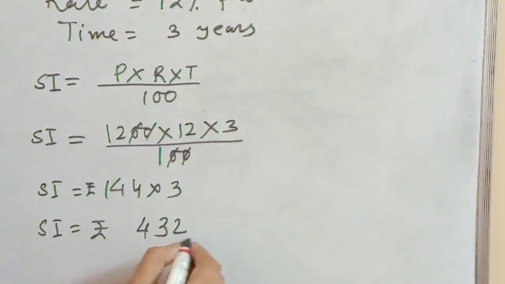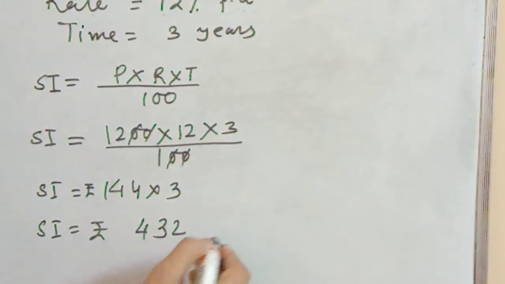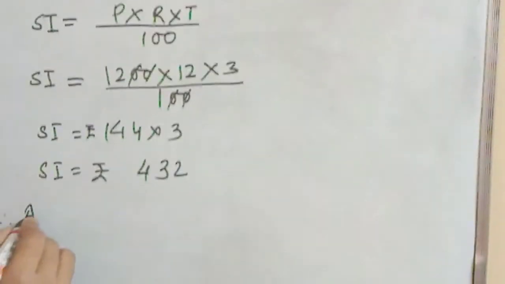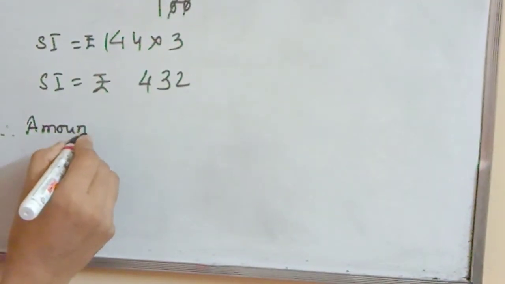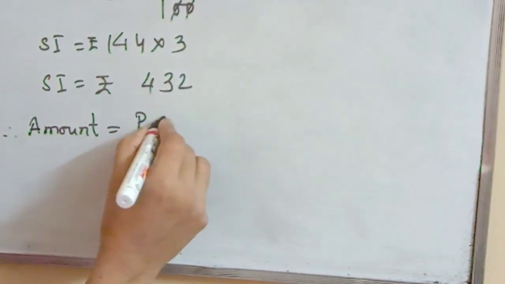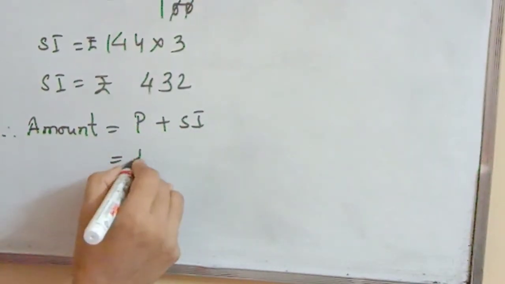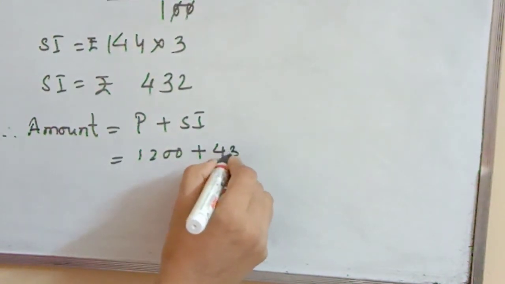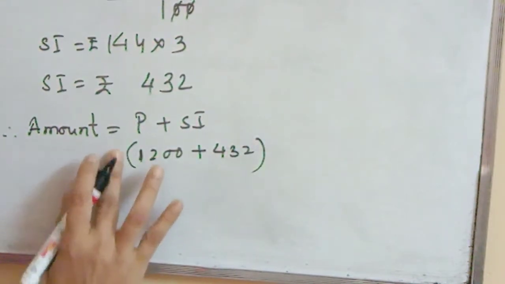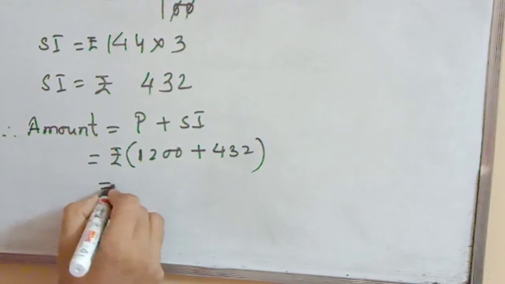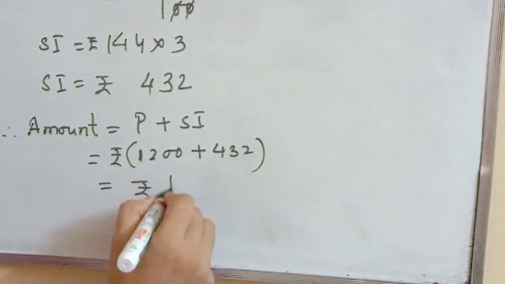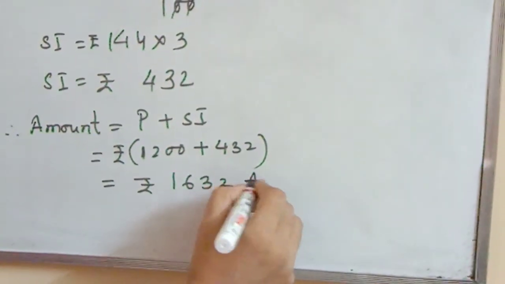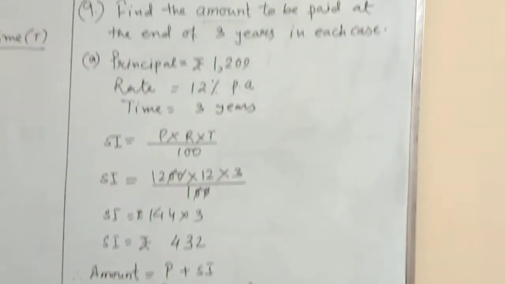After 3 years, this extra money you will get from the bank, or you have to pay this money. Therefore amount equal to principal plus SI, and principal is 1200 plus SI 432 rupees equal to rupees 1632. Understood?